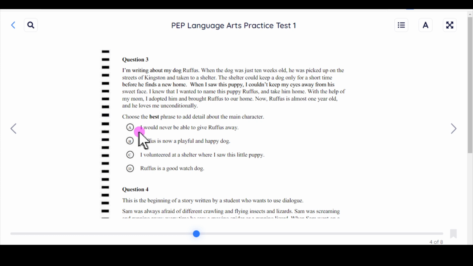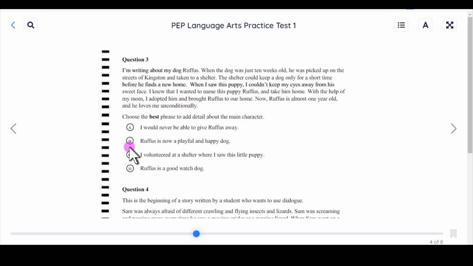The subject is the doer in the sentence, and the object receives some action. So this one is active, the other one is passive. So I would never be able refers to whoever the writer is doing something, and Rufus is passive. So this first sentence is not necessarily about Rufus. This first sentence would be about who? About the person writing, the author. So this one is out.